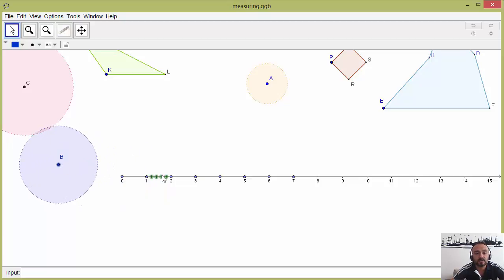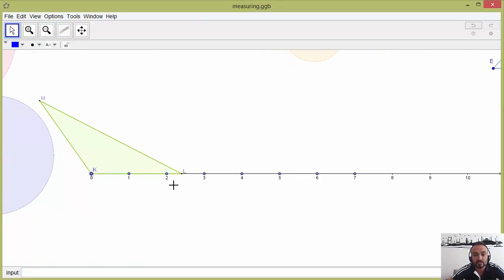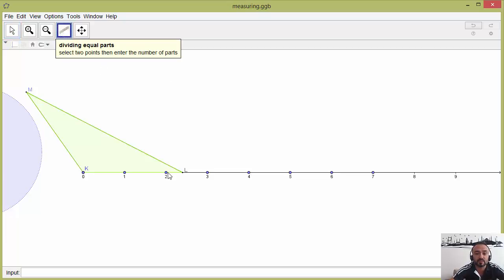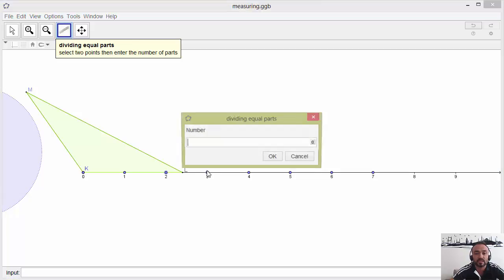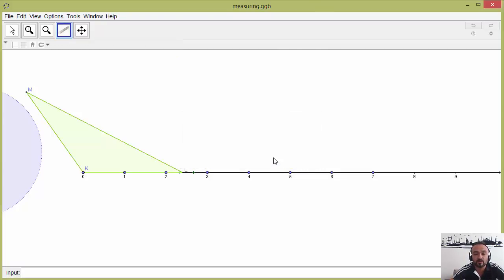Let's try to measure other lengths, the length of KL. Now we need to understand how much is here. Now I need to divide the points 2 and 3 into equal parts again. What about 3? 3 didn't work.